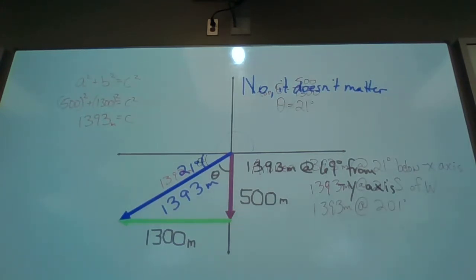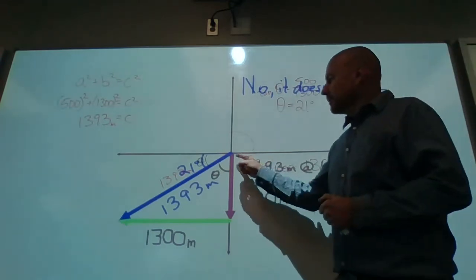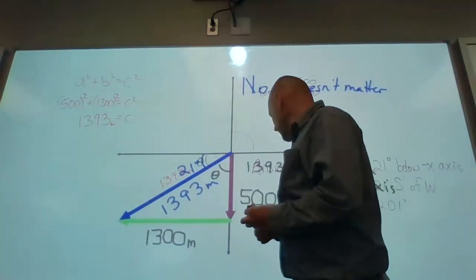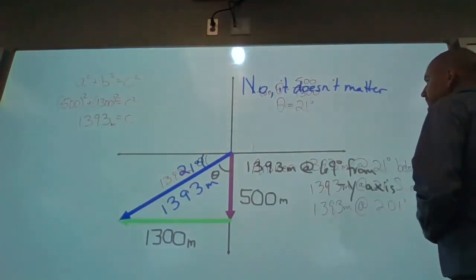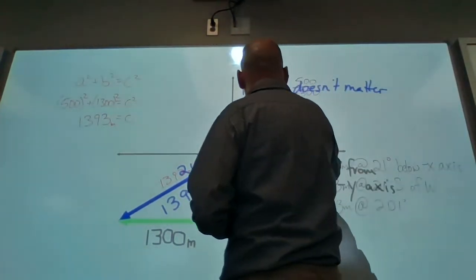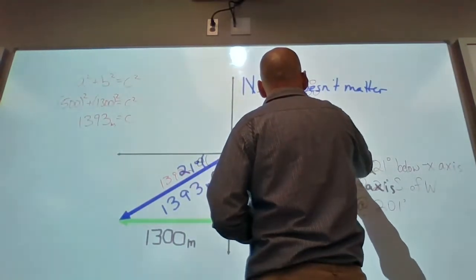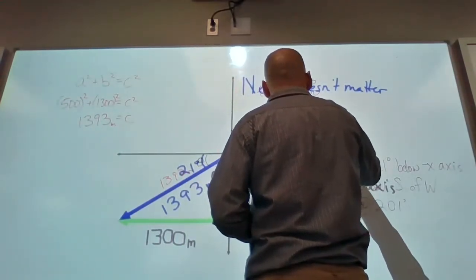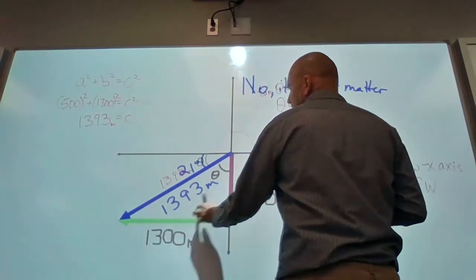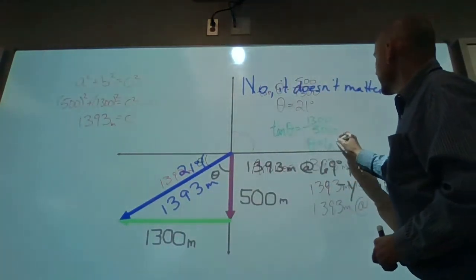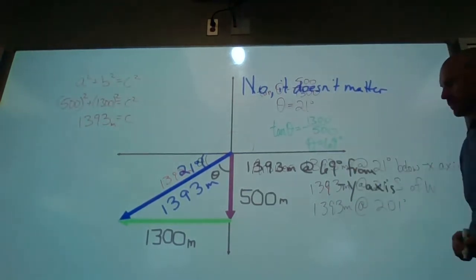So the only difference is you have a different triangle here. And so when you do tangent, it's going to be 1300 over 500, opposite over adjacent. And it's going to give you 69 degrees.